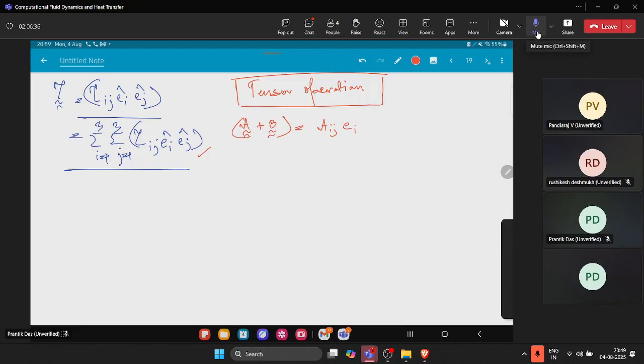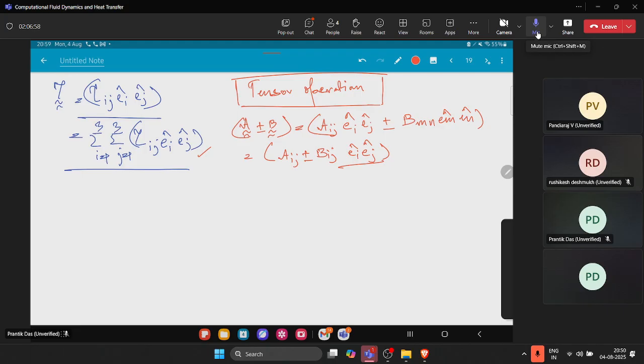So you always have a sigma symbol over there. We can combine the subtraction and addition at once. So this is Aij plus or minus Bij, Ei cap, Ej cap.